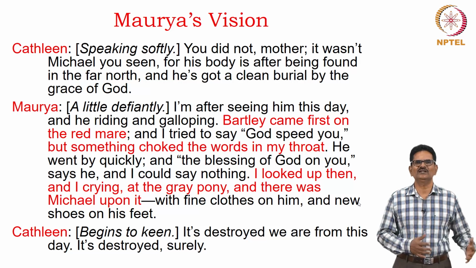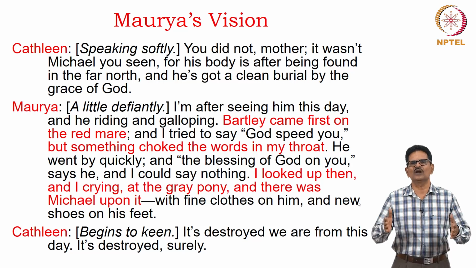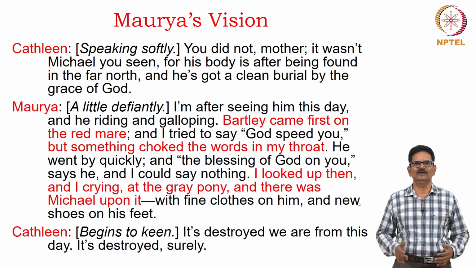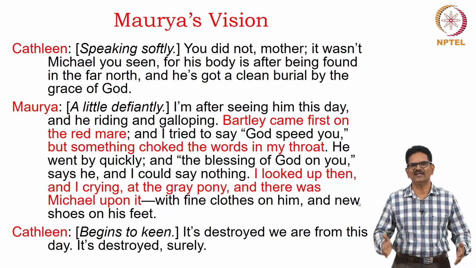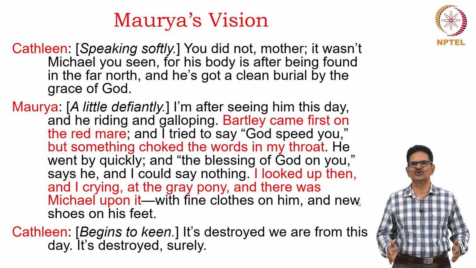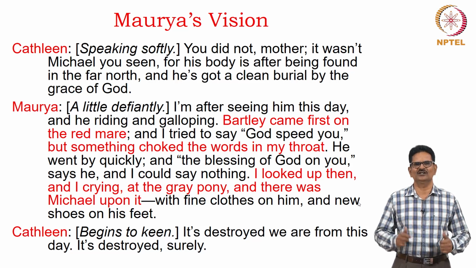He went by quickly, and 'the blessing of God on you,' says he, and I could say nothing. I looked up then, and I crying, at the grey pony, and there was Michael upon it." That is what Maurya believes, that she saw the person of Michael with fine clothes on him and new shoes on his feet.